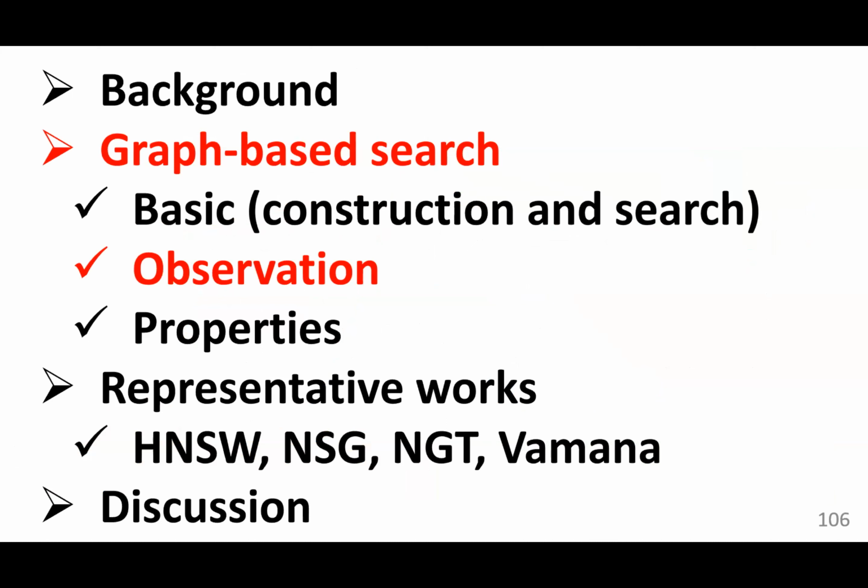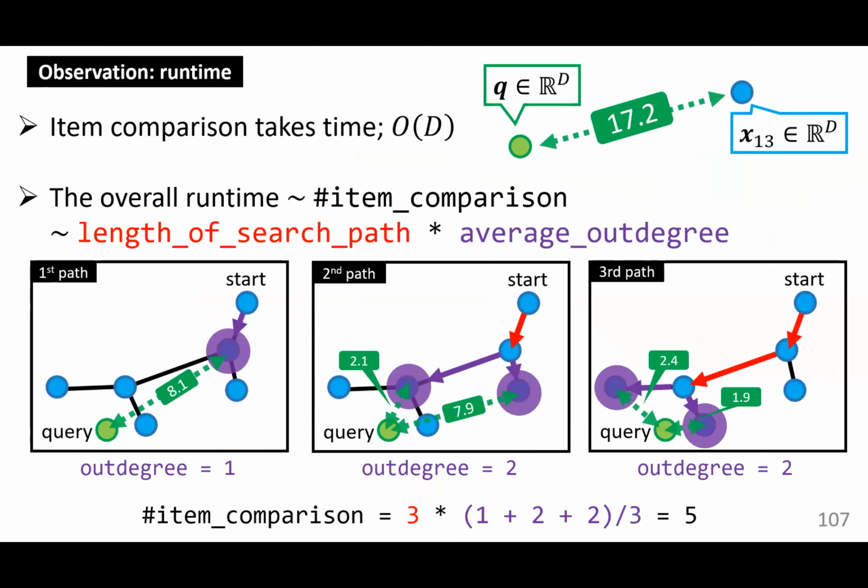Then I will introduce some observations obtained from the basic stuff. The first observation is runtime. How do we compute the runtime theoretically? The heavy part is item comparison, like computing the distance between the query and a blue node. This is O(D), a D-dimensional L2 distance computation.